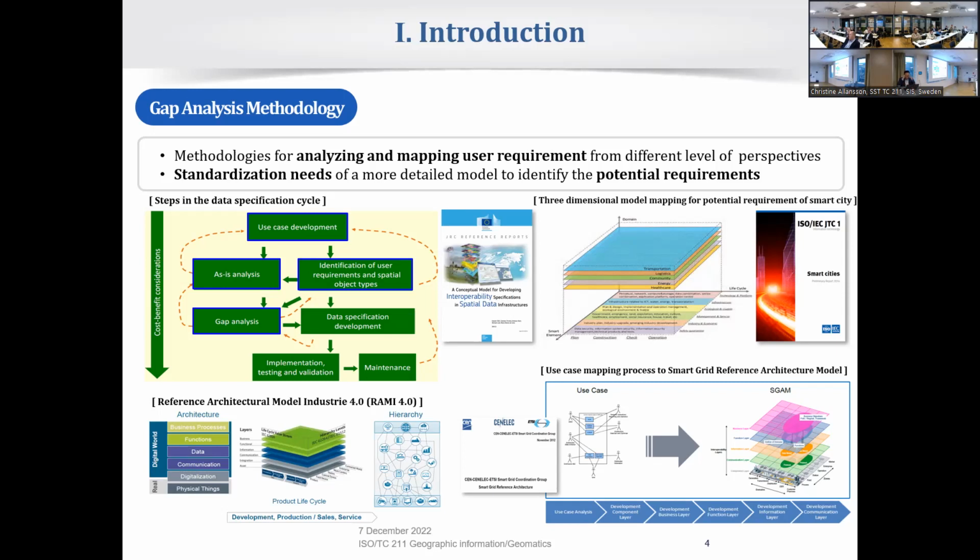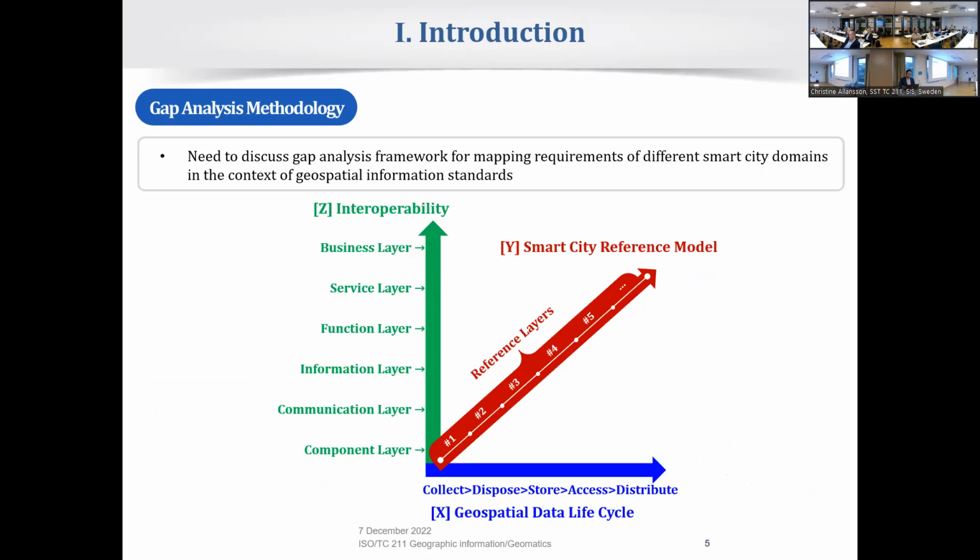It's intentional. Then I can't see them. And the last one, on the bottom right-hand side, is the smart grid reference architecture model, and mapping use cases to that architecture model, which I pretty much copied and used.